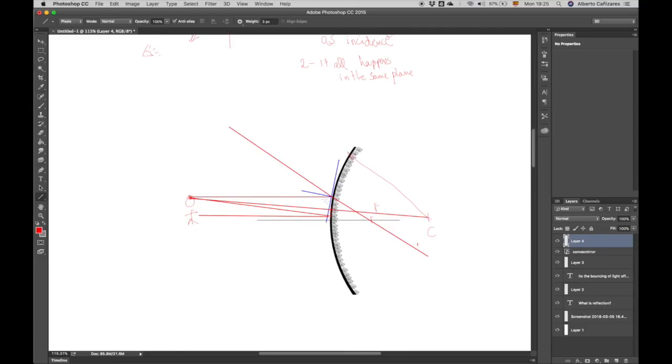So if it goes parallel, it will go through the focal point. If it goes in the direction of the focal point, it will bounce out parallel. What's happening here is your eyes will think that the light is actually coming parallel.